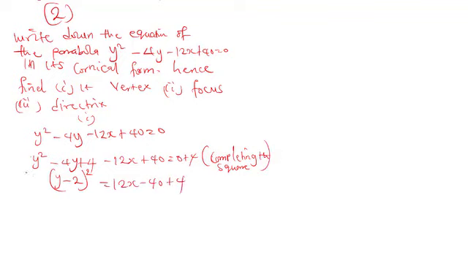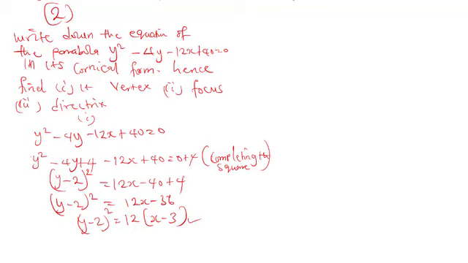So this becomes y minus 2 all squared equals 12x minus 36. In writing it in the form, what's common between them here? You have 12 in bracket x minus 3. So it's 12x minus 36. This is the conical form of it. So with this, we're done with the first part.